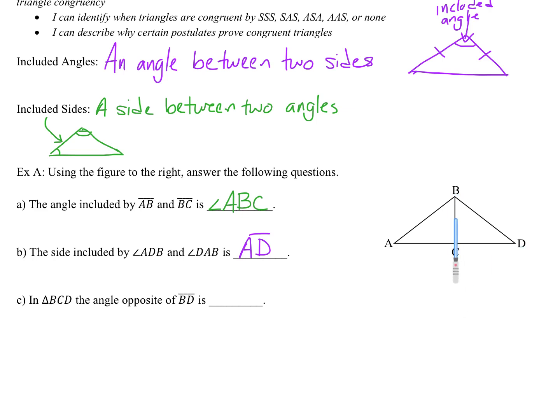BCD. Good, because we're sticking with just this triangle, because it said to look at that one. The angle across from that side is C. Good. And so we would say BCD, to be precise.